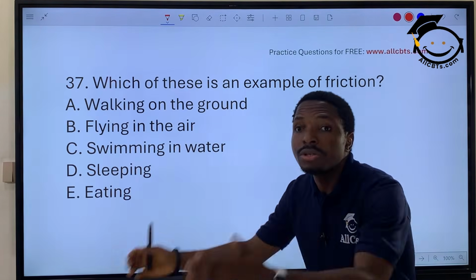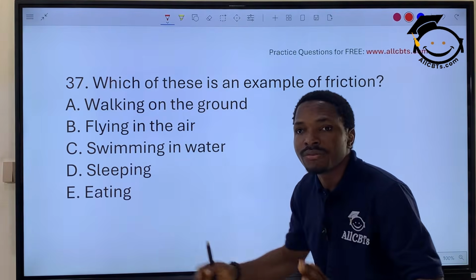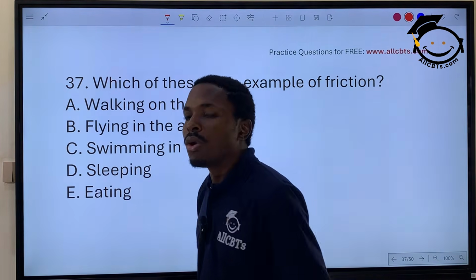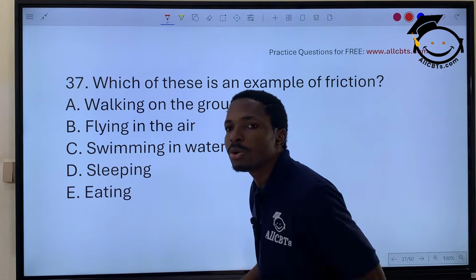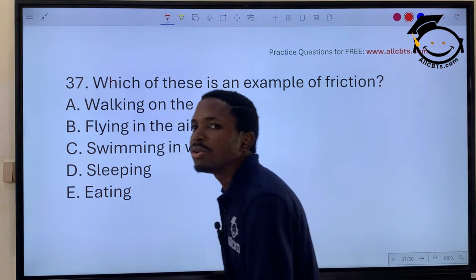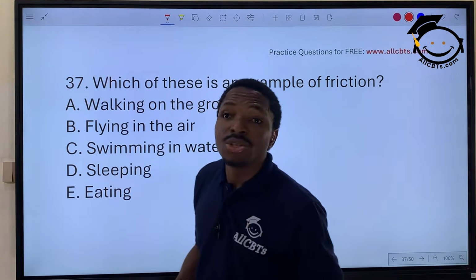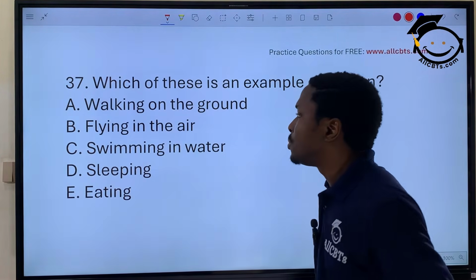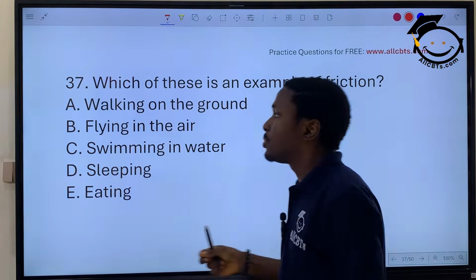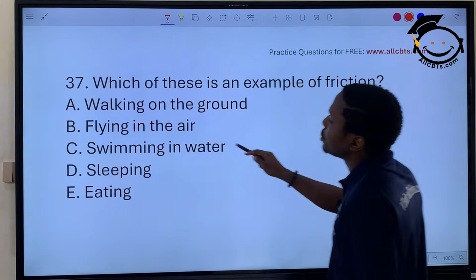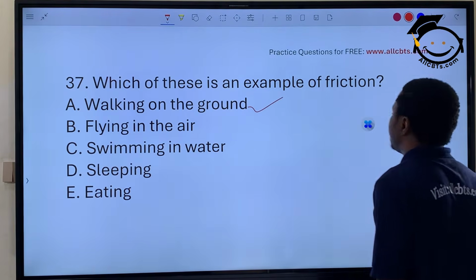So when you pour oil on the ground, especially on a tile surface, then try to walk on it, or pour soapy water on the ground and try to walk on it, God forbid, you might hit your head on the tile. Because friction has been reduced. So an example of friction is walking on the ground.